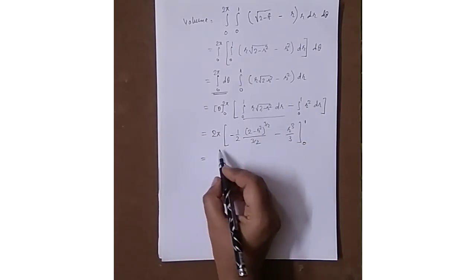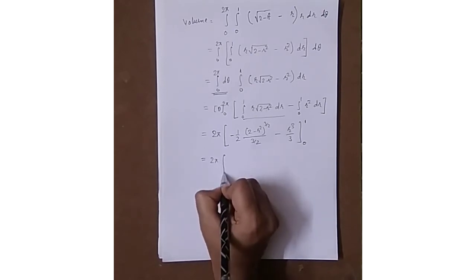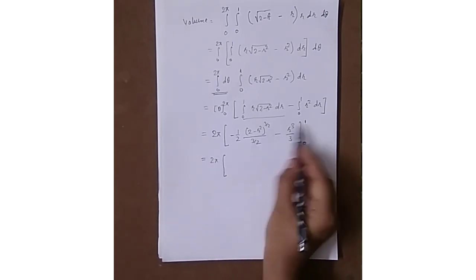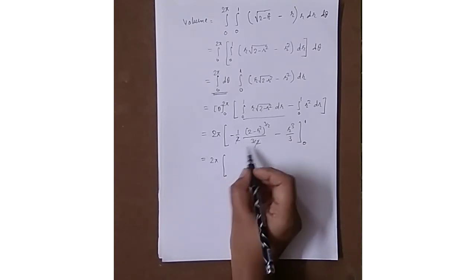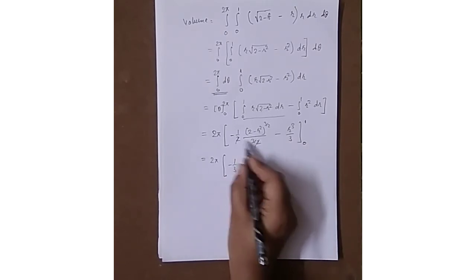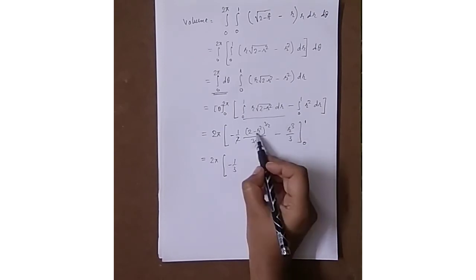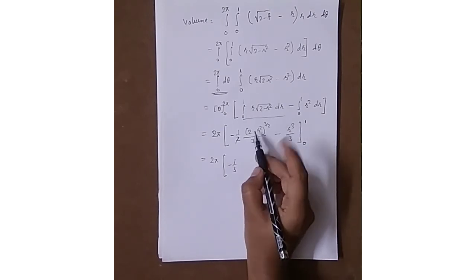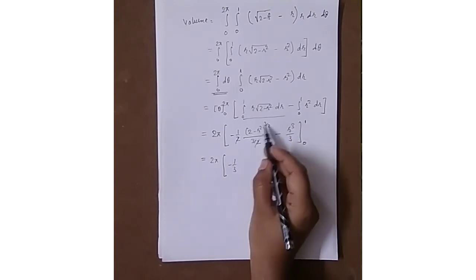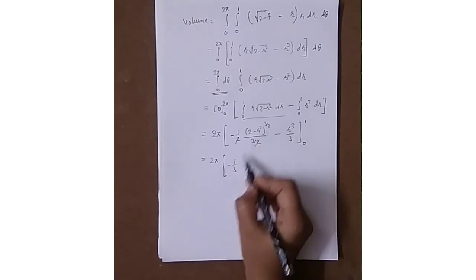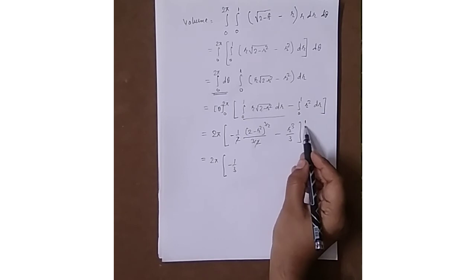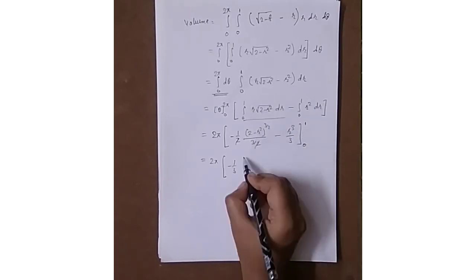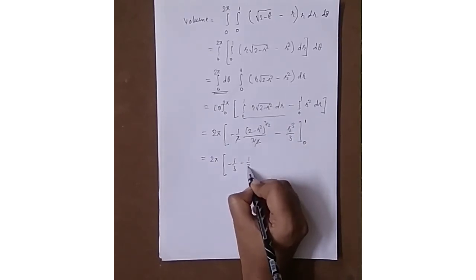Next is equal to 2 pi. First put r equal to 1, so here the 2 cancels, minus 1 by 3. Put r equal to 1, so 2 minus 1 is 1 and 1 to the power 3 by 2 is 1, so ultimately we have minus 1 by 3. Here putting r equal to 1 is minus 1 by 3.